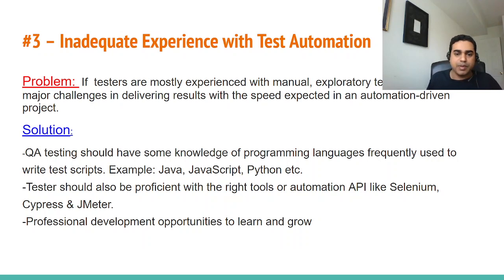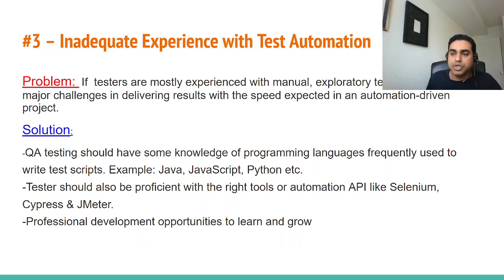If you think about 5, 7, 10 years way back, manual testing was the mother of all tests. But nowadays in Agile, you don't get enough time, and unit tests or integration tests, especially integration tests, are a significant part of the testing. So you need to know some automation skills.